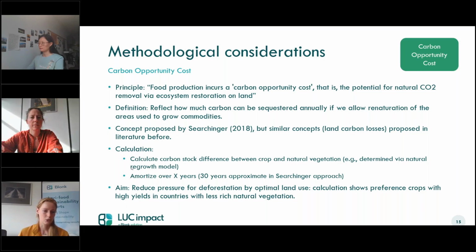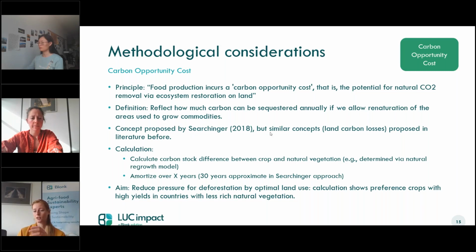So to calculate this, you would first calculate the carbon stock difference between your current occupation. So that's, for example, an annual cropland or a perennial cropland system, or maybe a grassland system for grazing, and compare that to the natural vegetation. And to define this natural vegetation, again, there's multiple ways to do it. In one of these papers from Searchinger, it was determined via a natural regrowth model.